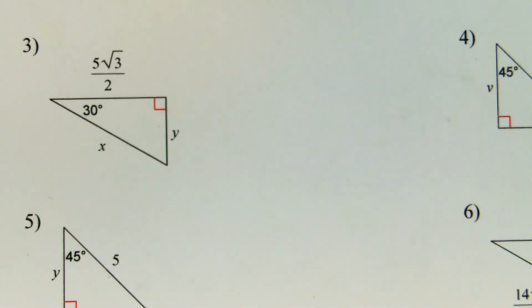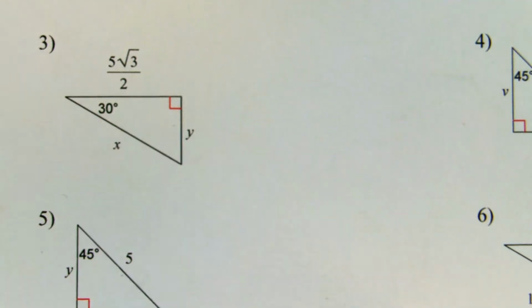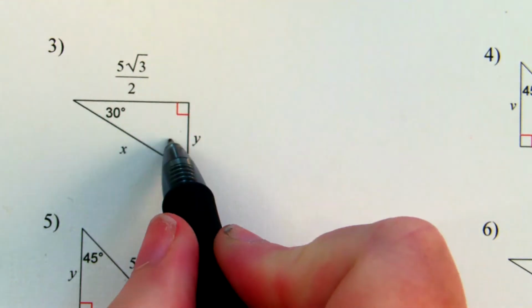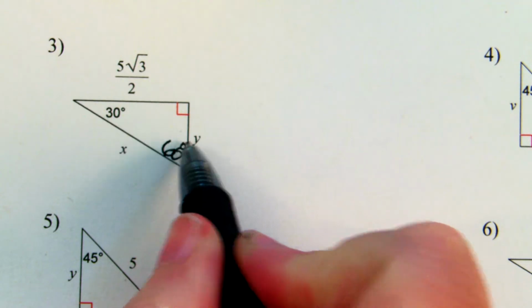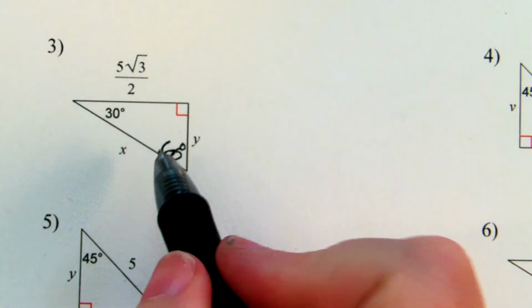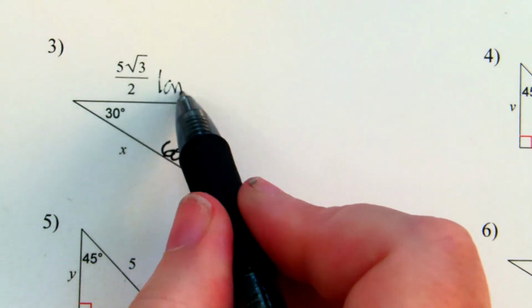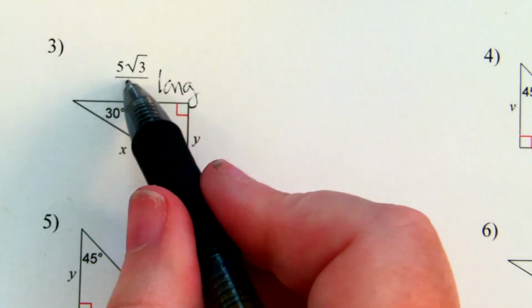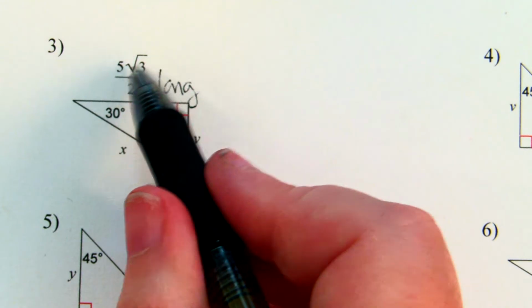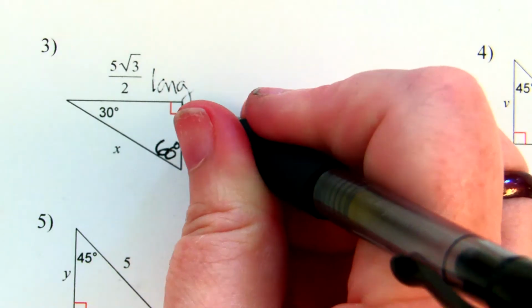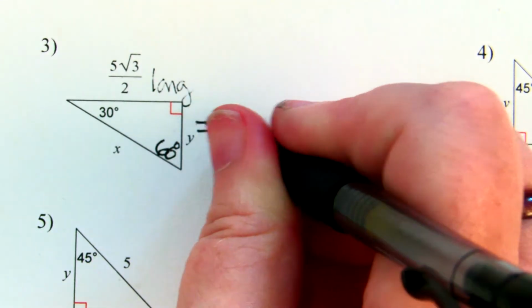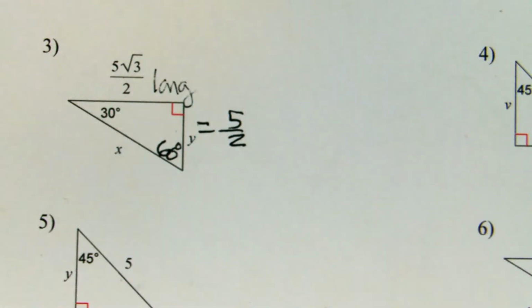So this one is another 30, the 60 is missing, there it is, 30, 60, 90 triangle. They gave us the long leg again. And so we just cancel out the rad 3, divide by rad 3. And so this would be 5 over 2, because the radical 3 goes away, but the 5 over 2 stays.